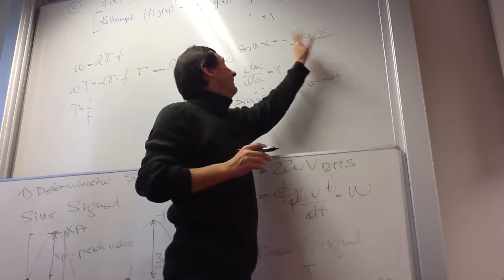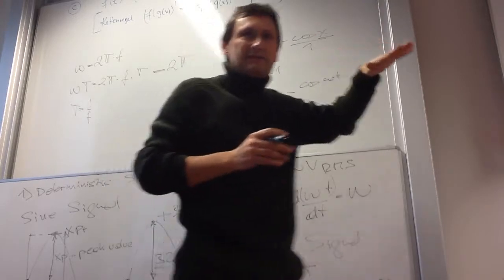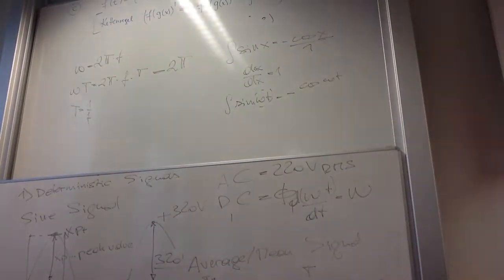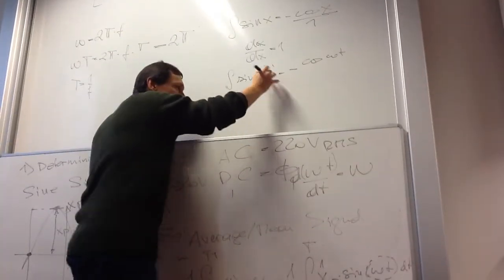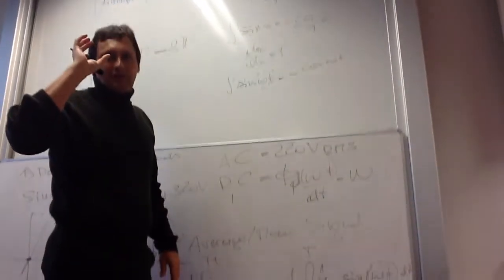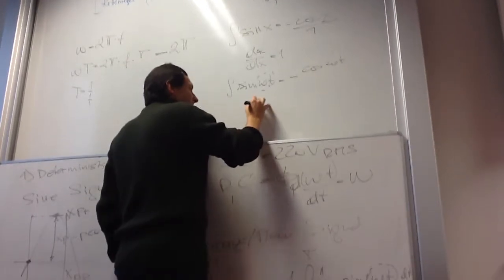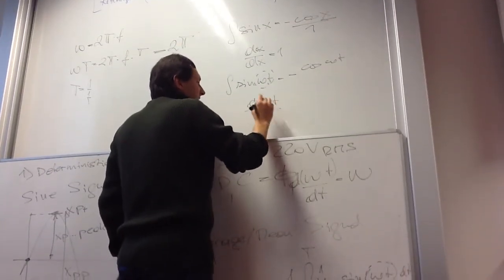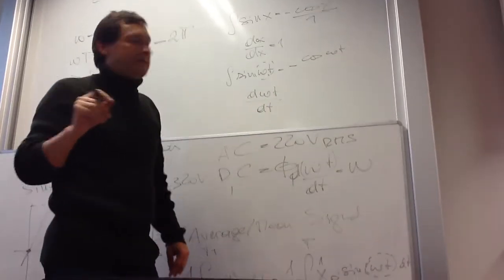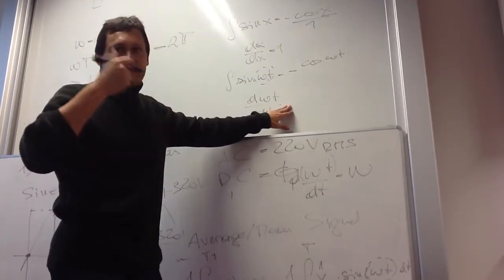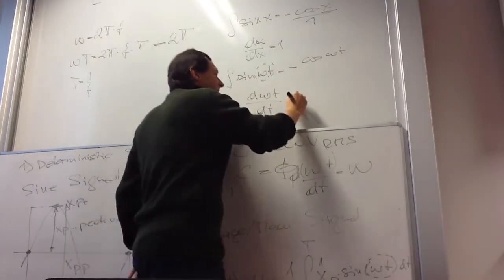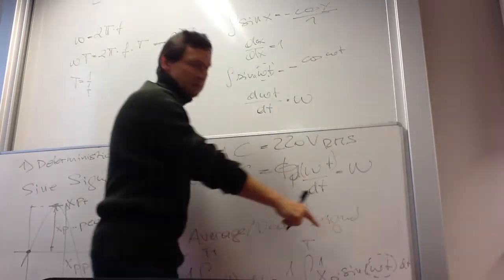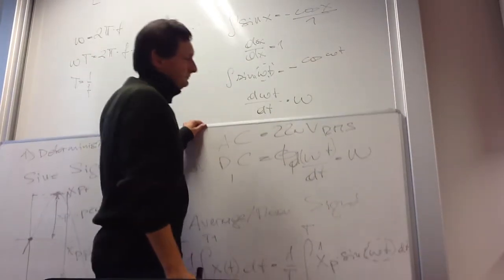With x integrated along x, it's 1. But with omega t integrated along t, if you derive omega t relative to t, then it's not 1, it's omega. So you have to divide by omega here.